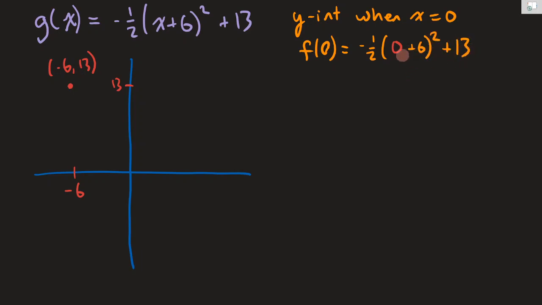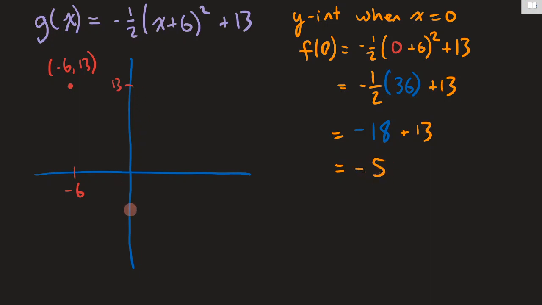The 0 doesn't matter, so this is just 6 squared. So this is negative a half, and then 6 squared is 36 plus 13. Half of 36 is 18, and the negative sign in front makes this negative 18 plus 13. So negative 18 plus 13 is negative 5.